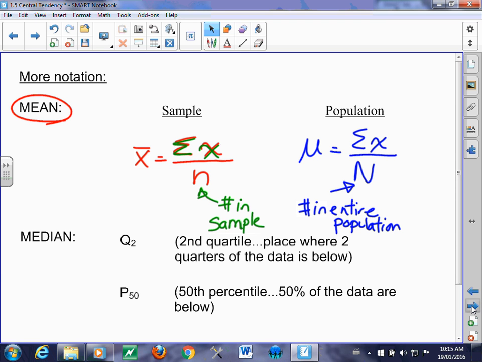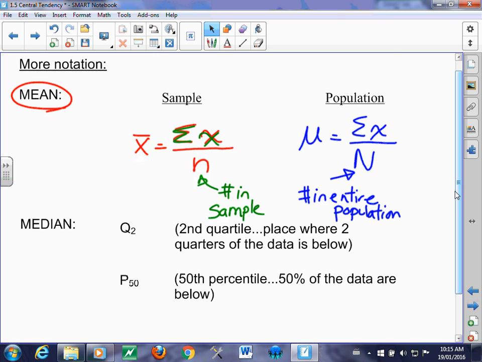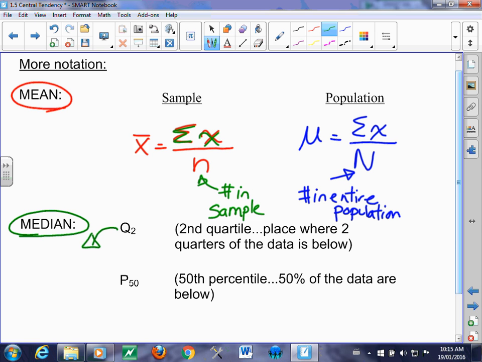Now, for the median, ladies and gentlemen, I told you it was the middle number when they're in numerical order. There are two other ways that we can take a look at it. This is Q, meaning quartile. This is the second quartile, that's how you pronounce it, and it's the place where 2/4 of the data lie below.